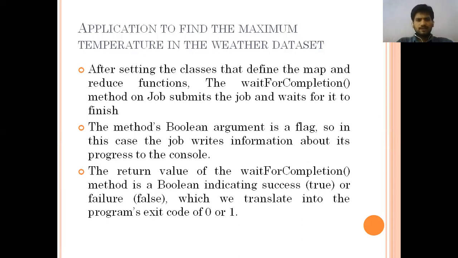The return value of the wait for completion method is a Boolean that indicates success, true, or failure, false, which is translated into a program exit code of 0 or 1. It was mentioned here. So it returns either 0 or 1. This is what we generally discuss about operators. So what is the output of a logical operator?